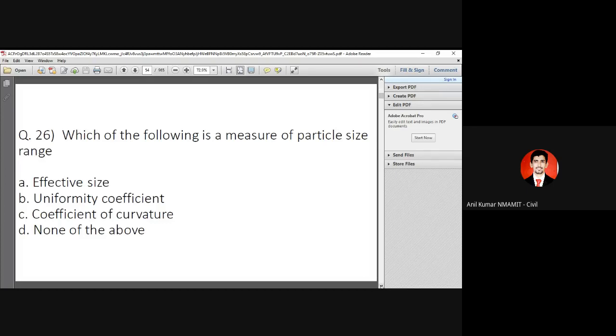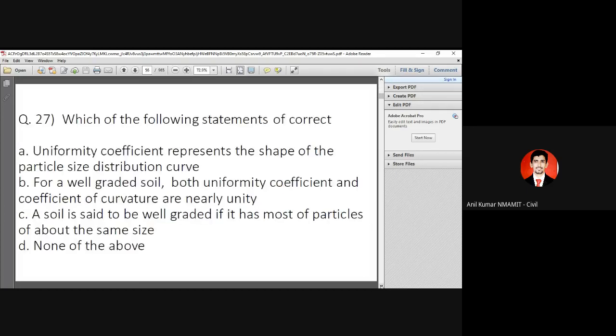Fine. Next one, which of the following statements is correct? Maybe this is the last question. Uniformity coefficient represents the shape of the particle distribution curve. For a well-graded soil, both uniformity coefficient and coefficient of curvature are nearly unity. A soil is said to be well-graded if it has most of the particles of about the same size. None of the above.